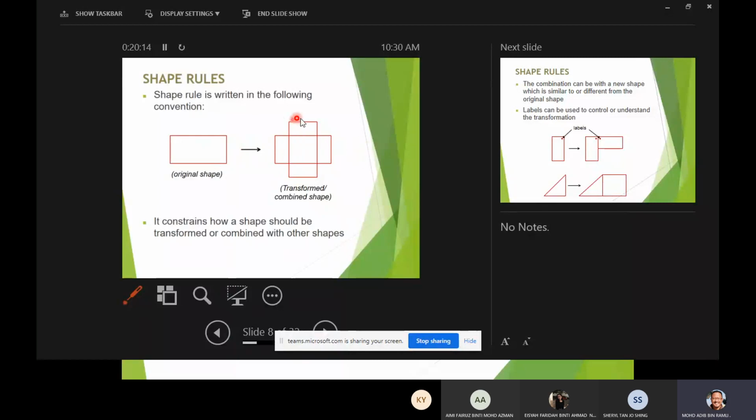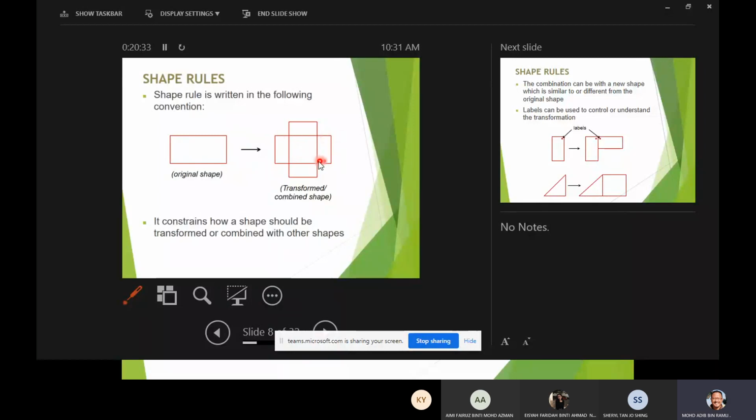And then the right hand side is how you want the original shape to be transformed or to be combined with another shape. So in this example, this is the original shape, and the transformed or combined shape.